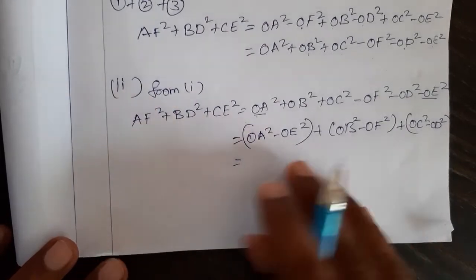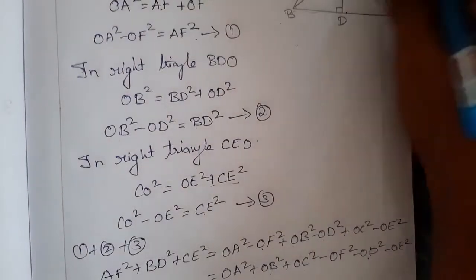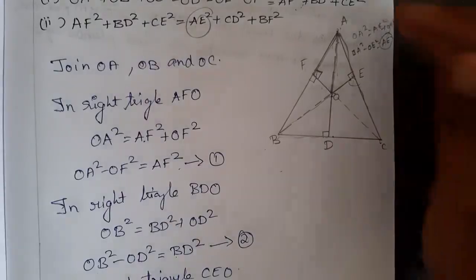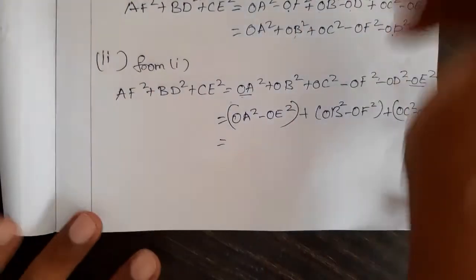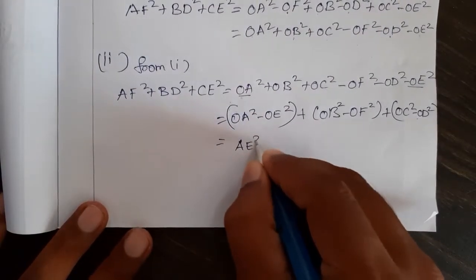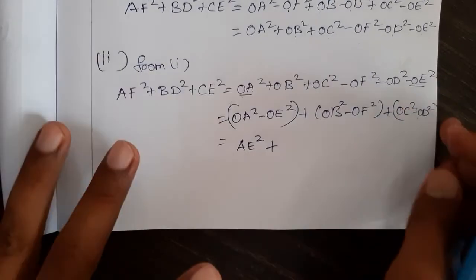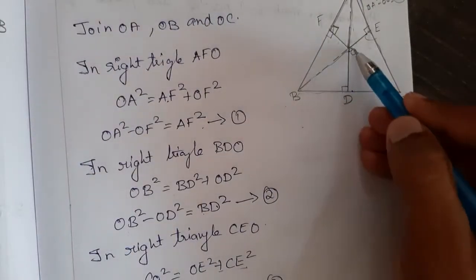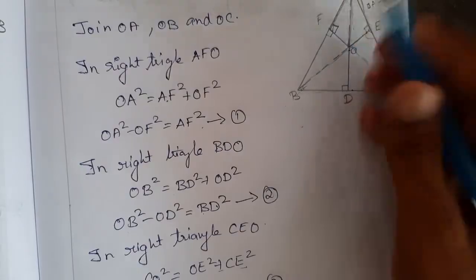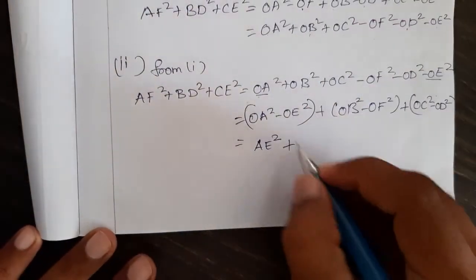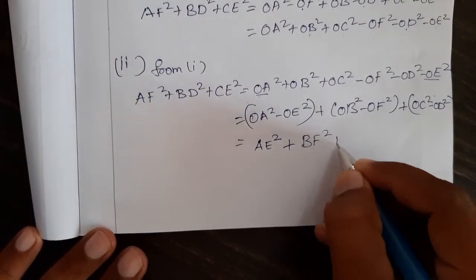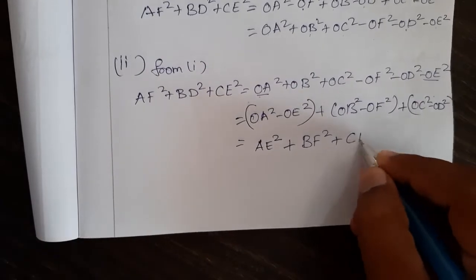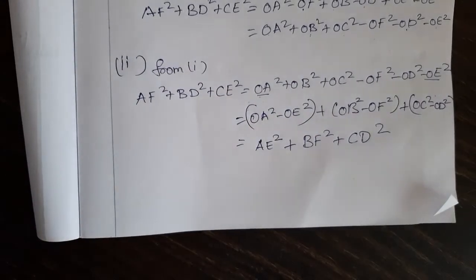So OA minus OE, we got the side AE, by Pythagoras. Plus OB and OF: OB is the hypotenuse, minus OF, you will be getting BF. Similarly, we will get this for CD square. This is what we have to prove.